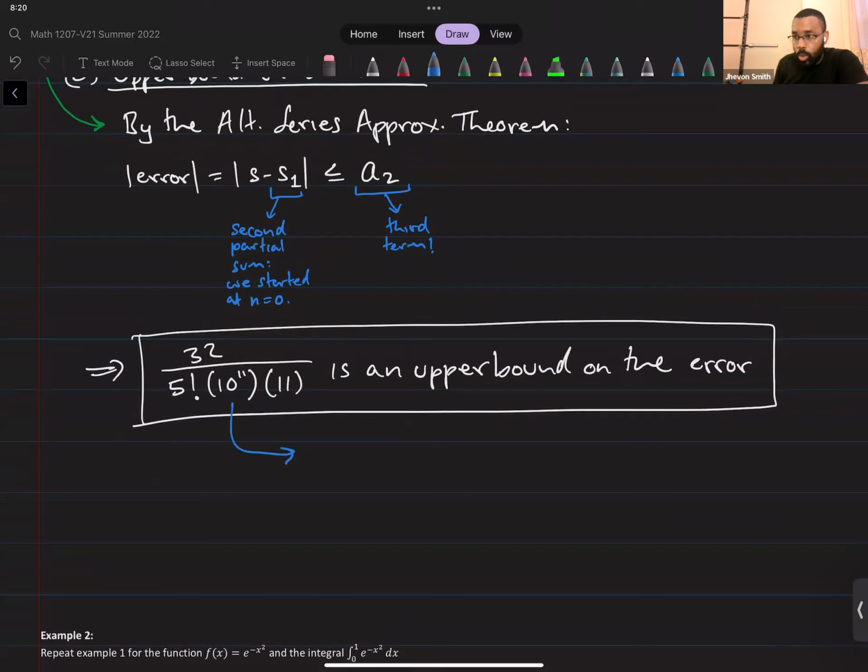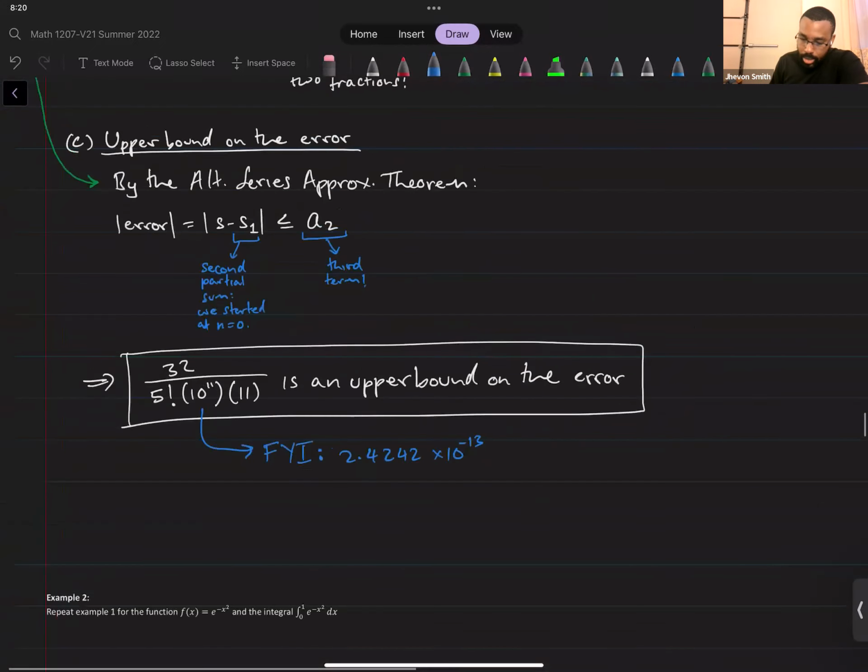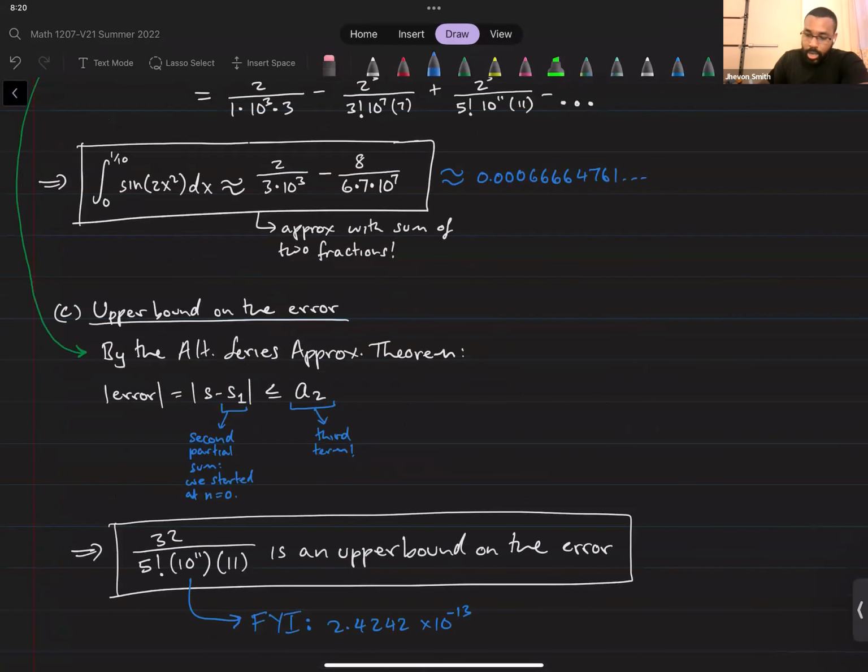We're actually off by, just for your information, you won't have to actually know this because you wouldn't have a calculator, roughly 2.4242 times 10 to the minus 13. So this is actually a very good approximation.